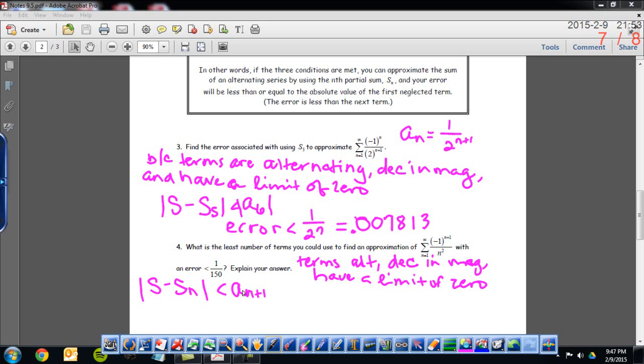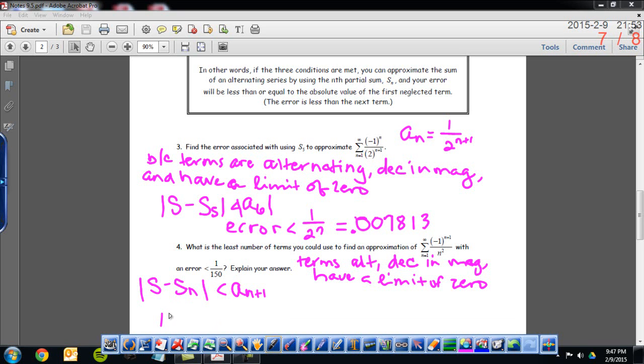And I think when I work this through, you'll see it. If n is 13, if our first neglected term is the 13th term, then the 13th term is going to be 1 over 169, and that's less than 1/50th.